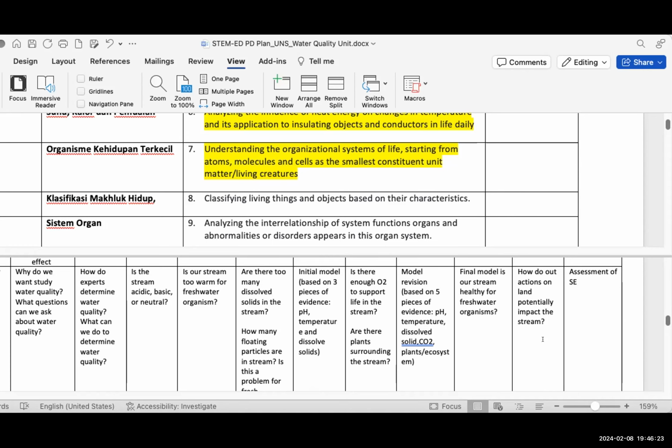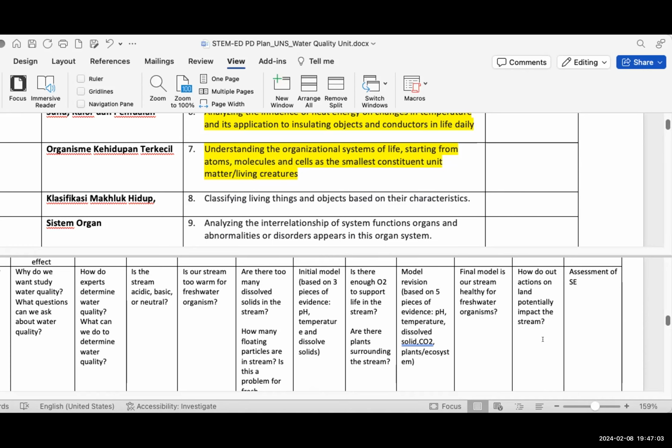The second one, students may choose a video or TikTok to explain the action that will preserve the water quality, and later is a simple article that we will put in a notebook or in the school magazine. So that's the product that a student has to produce after they learn about this lesson.